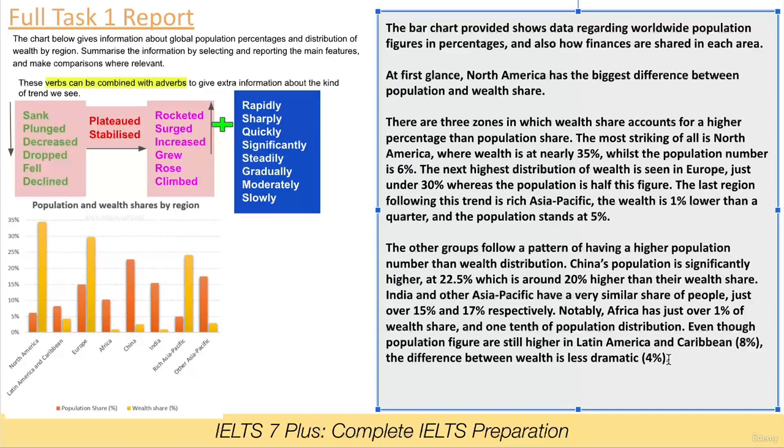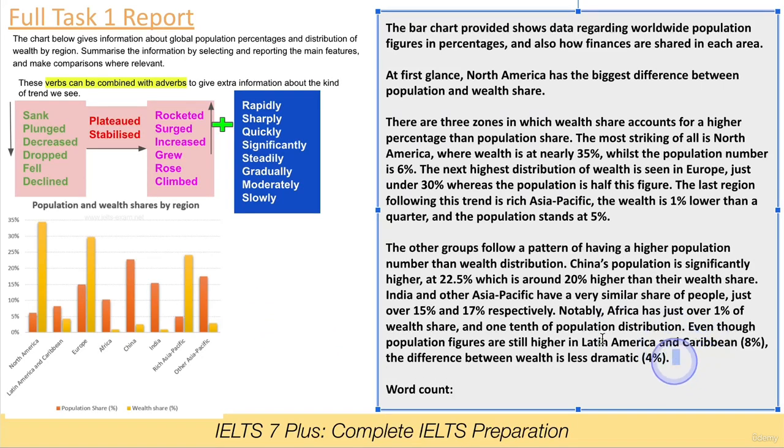Notably, Africa has just over 1% of wealth share and 1/10 of population distribution. Even though population figures are still higher in Latin America and Caribbean, the difference between wealth is less dramatic, 4%. Okay, I think that's good.